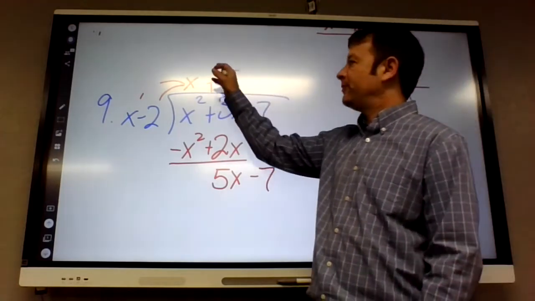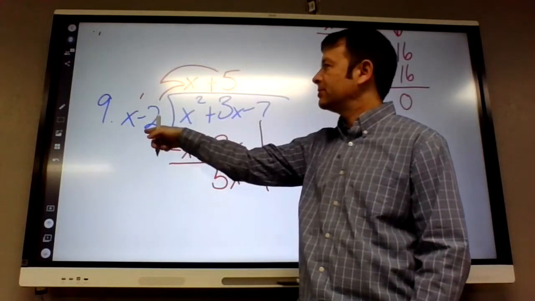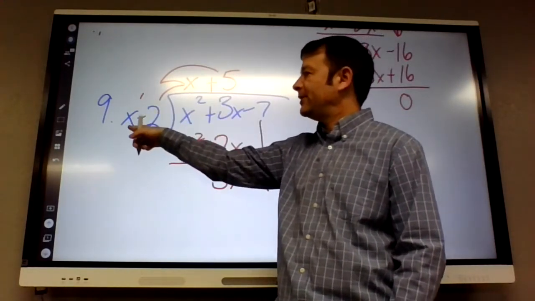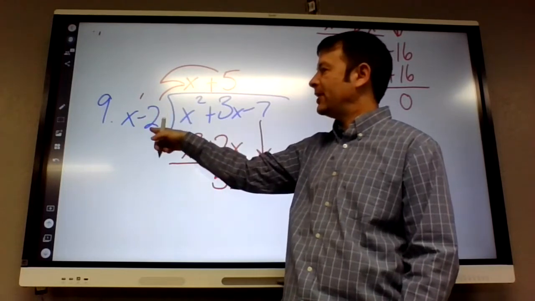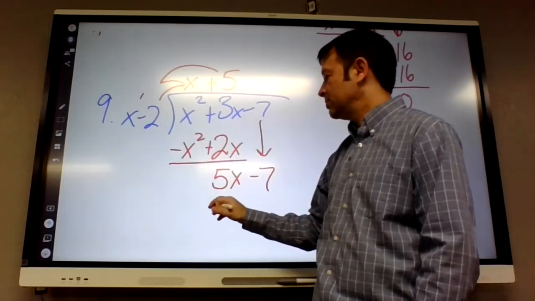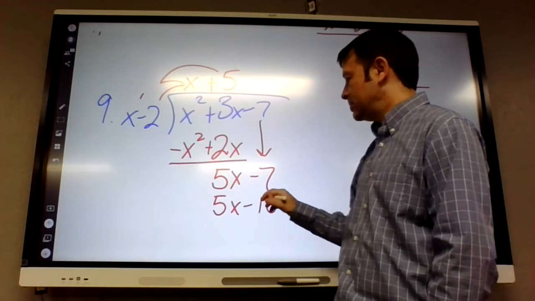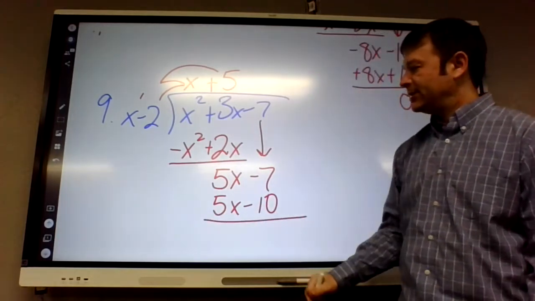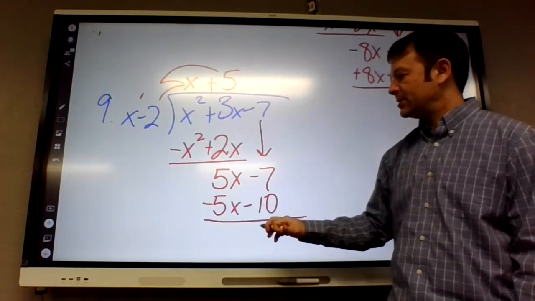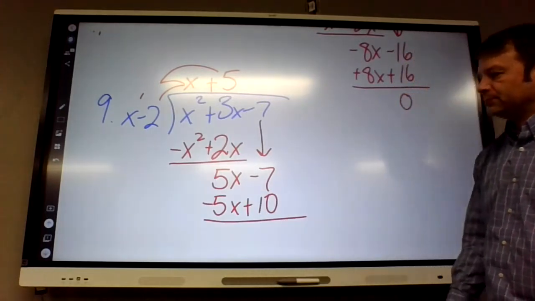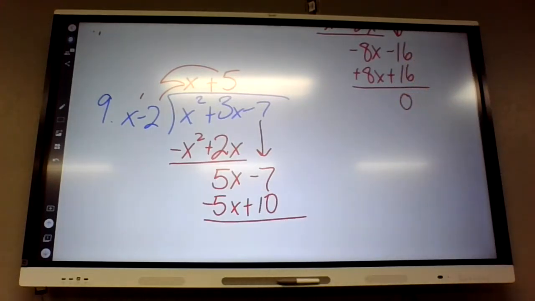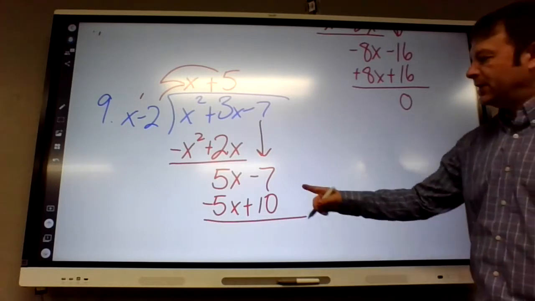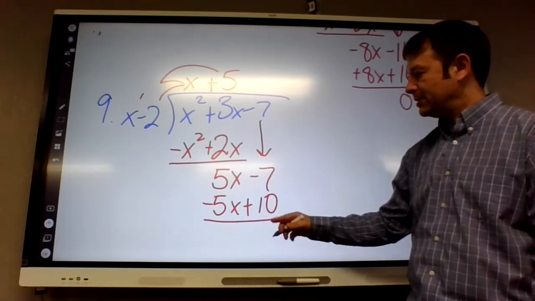And I'm going to multiply 5 times that stuff. So 5 times x, 5x. 5 times minus 2, minus 10. But I'm subtracting the bottom line, so that becomes a minus, that becomes a plus. So negative 7 plus 10.